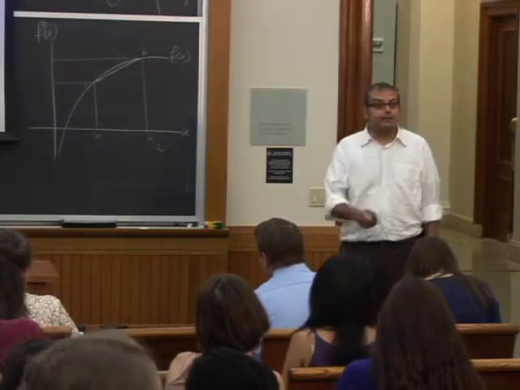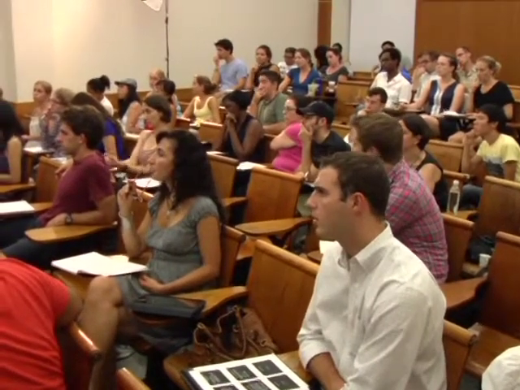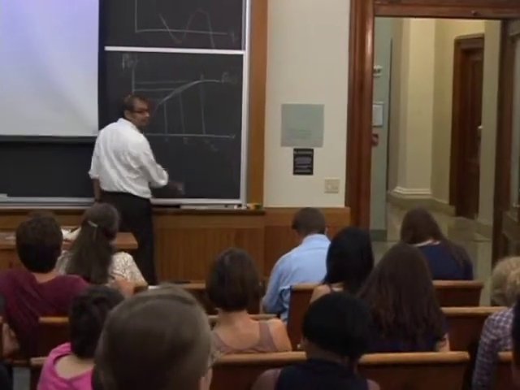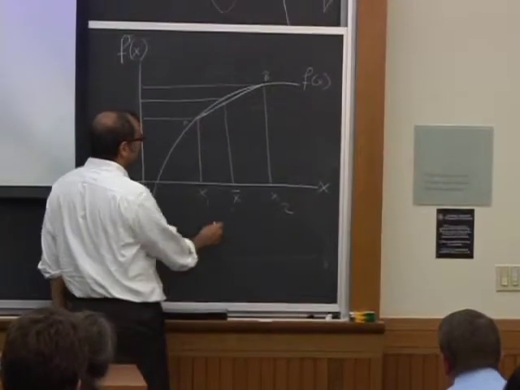So think of, let's say, this is the average of x1 and x2. It's at the midpoint, let's say.